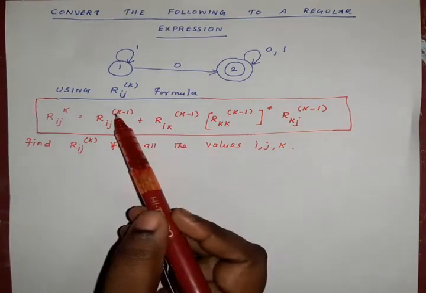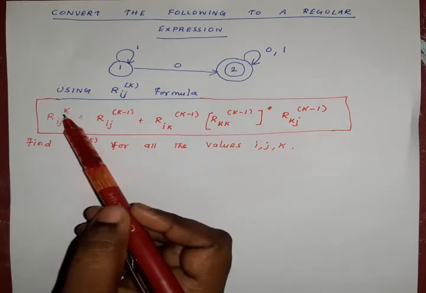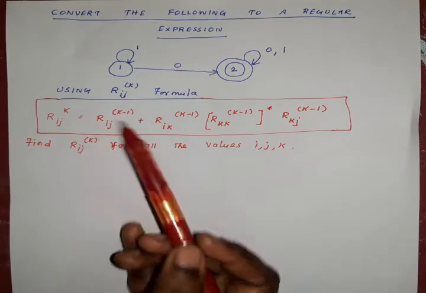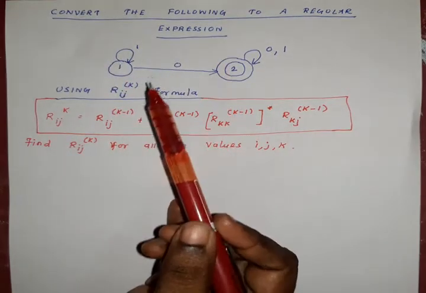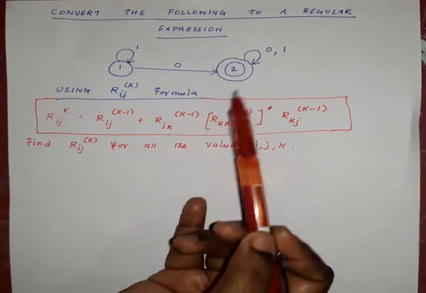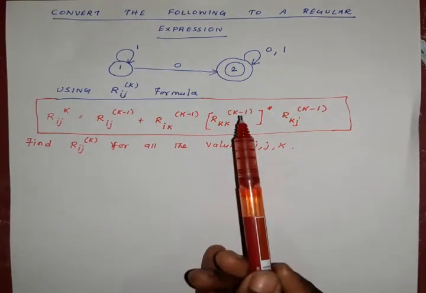For that we substitute one value from the whole set of intermediate states, that is the number of states given in the finite automata. This is the given finite automata for this problem. So we can easily convert the given finite automata into a regular expression by using this RIJK formula.